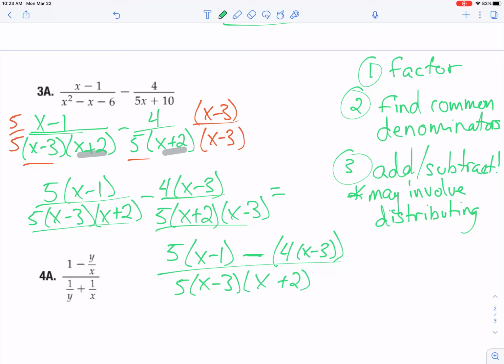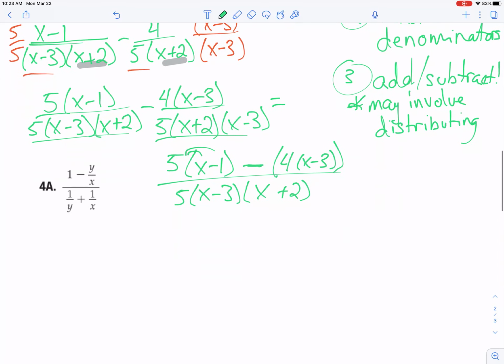On the top, go ahead and distribute up there, and you'll see why in just a second. So it'll be 5x minus 5 minus 4x minus 12. Of course, that negative sign gets distributed in, and I'm just working on the top right now.